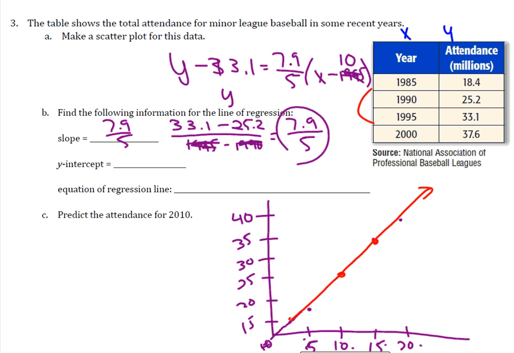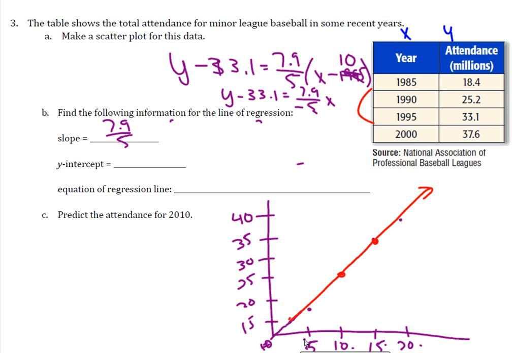So I'm going to have y minus 33.1 equals 7.9 over 5x. I'm going to give myself a little room here. 7.9 over 5 times 10 is a positive 7.9, so x minus 79 over 5. Add 33.1 to both sides.